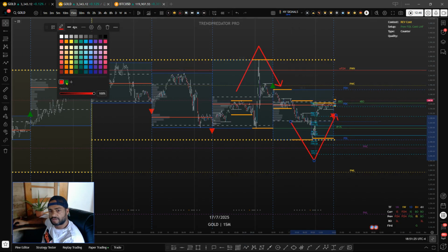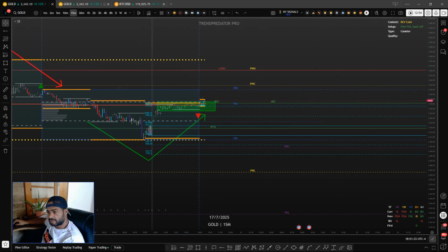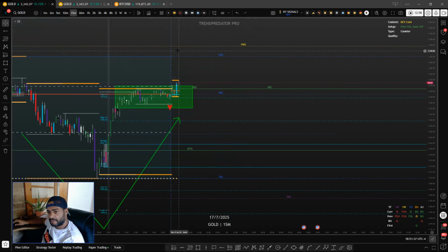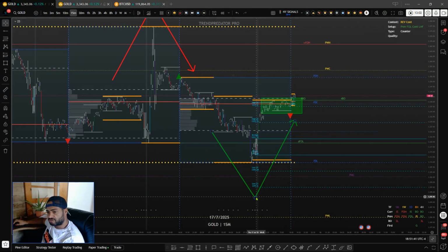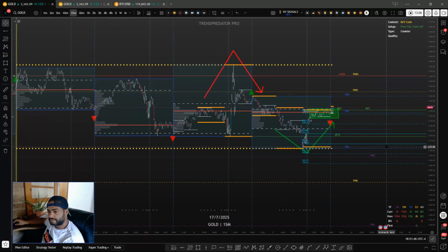Coiling sideways into Asia. Nice coil there. Or we get an explosive move perhaps out of Asia. Looks like we're already starting to hear the very start of Asia. So bulls are in control so long as we stay above the level, which is all the way down here in this case.